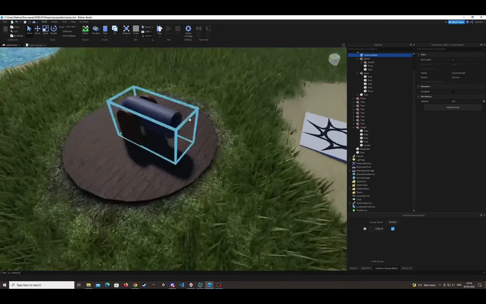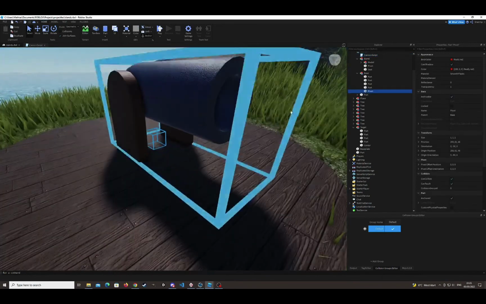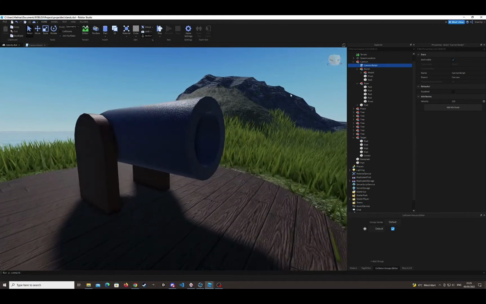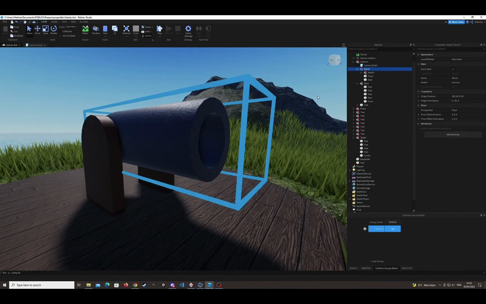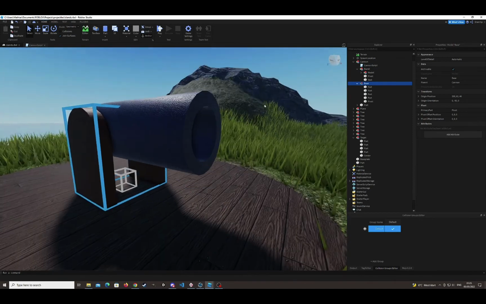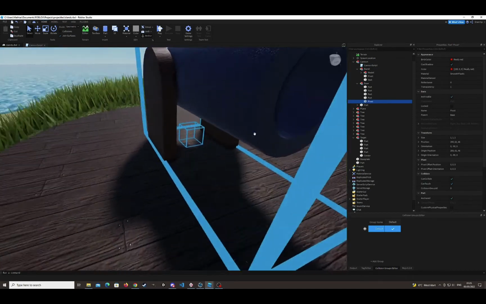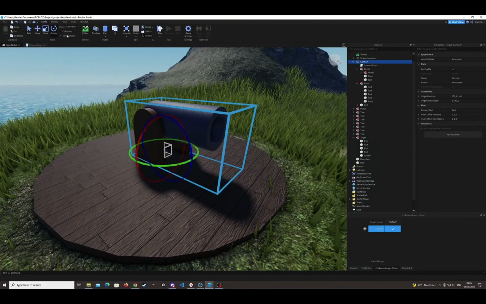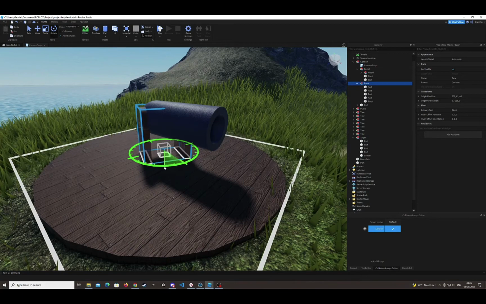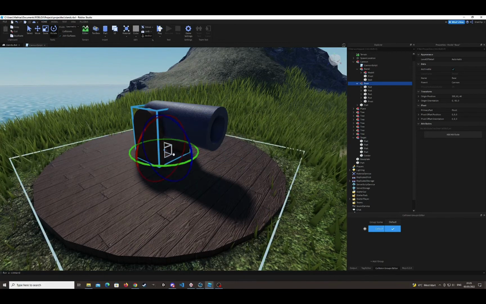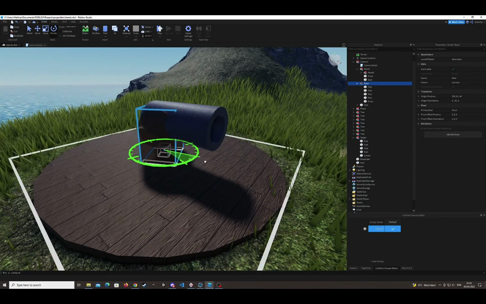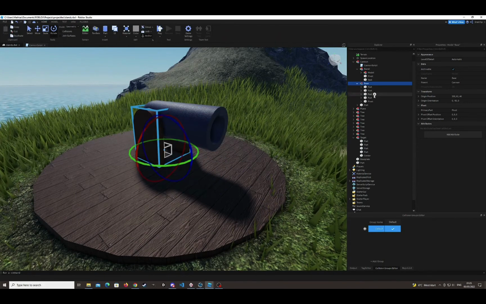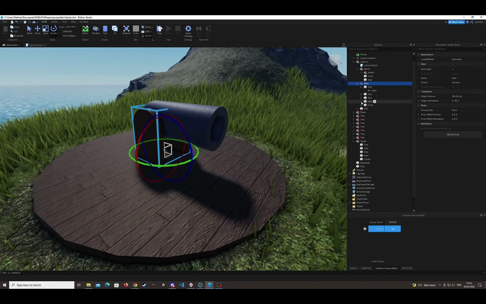So the way the cannon is set up, I have the cannon model here with a cannon script inside. Then I have this barrel model and the base. The base contains a pivot. I'd like the cannon to rotate the whole base around the y-axis. Let me turn off join services. Oh, now all the parts have welds in them.